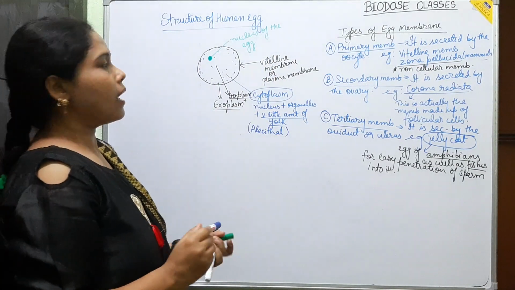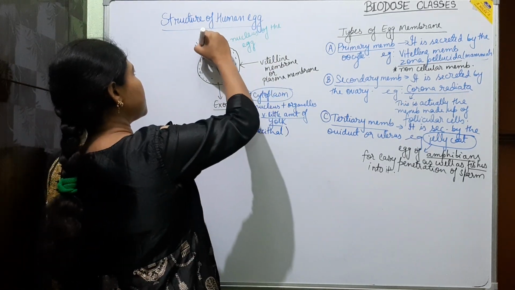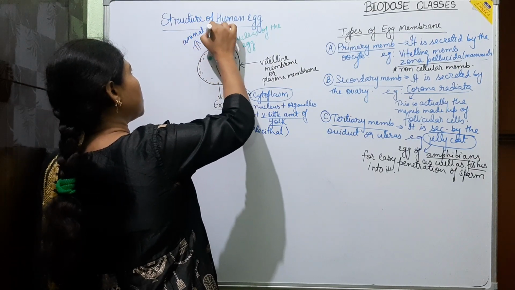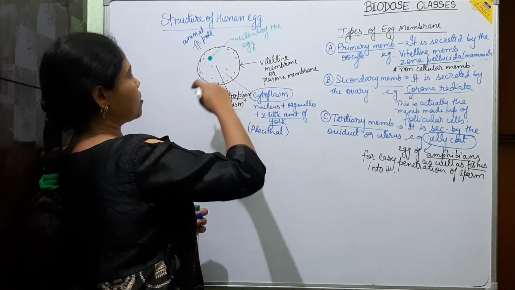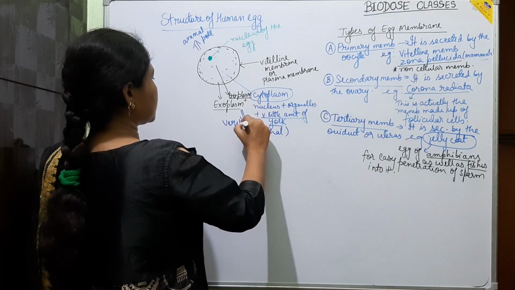The side where the nucleus is present is known as the animal pole, and the side just opposite to it is known as the vegetal pole.